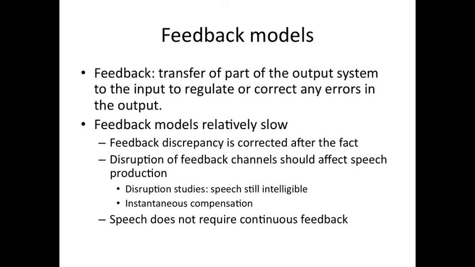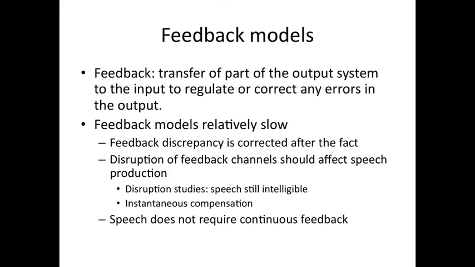So if you had a numbing of your mouth with anesthesia at a dentist's office, you're not getting the tactile feedback from your articulators, but your speech is still intelligible. It might be slightly slurred, but for the most part, you understand what you're speaking. So which means, in spite of disruption of the feedback channels, there is an instantaneous compensation. So really, can we account for speech production with feedback models is a question that we have to pose, okay?